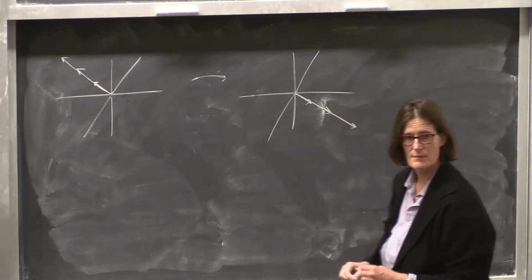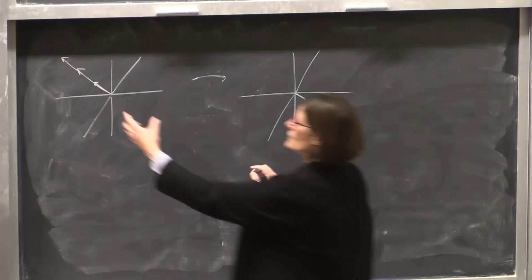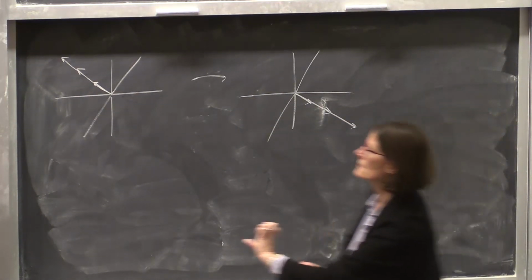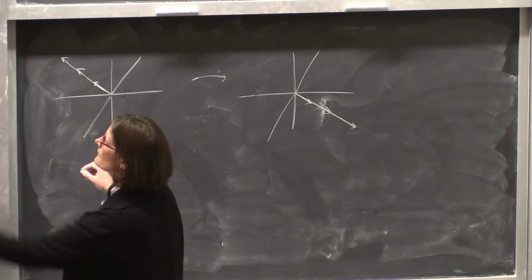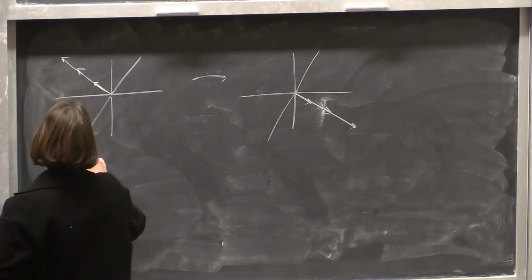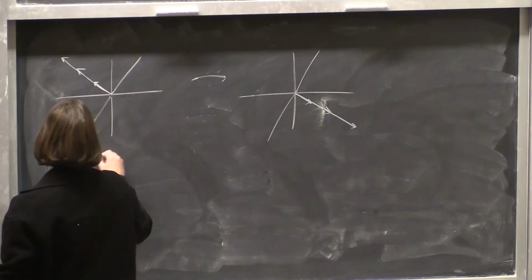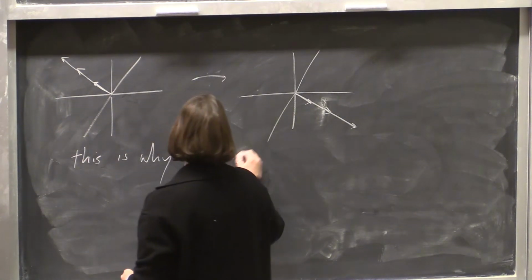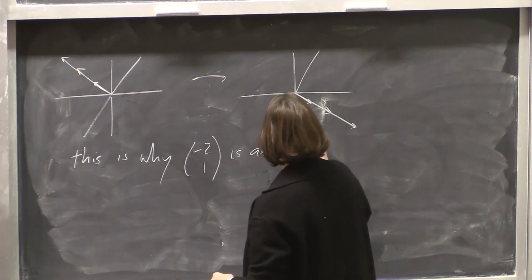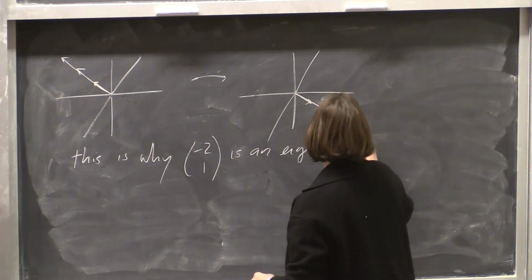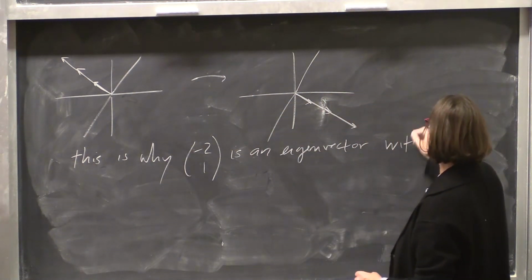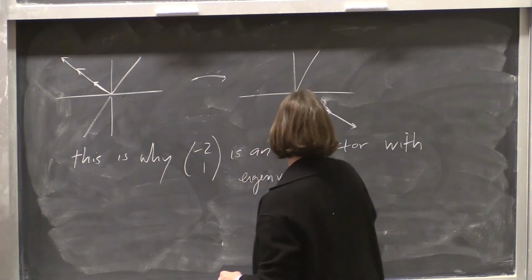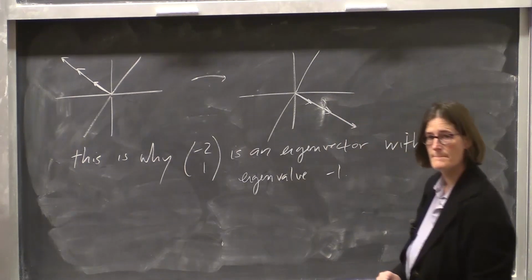So geometrically, it makes sense that you're just taking this vector and multiplying it by minus 1. So that's the explanation for why (minus 2, 1) is an eigenvector with eigenvalue minus 1.